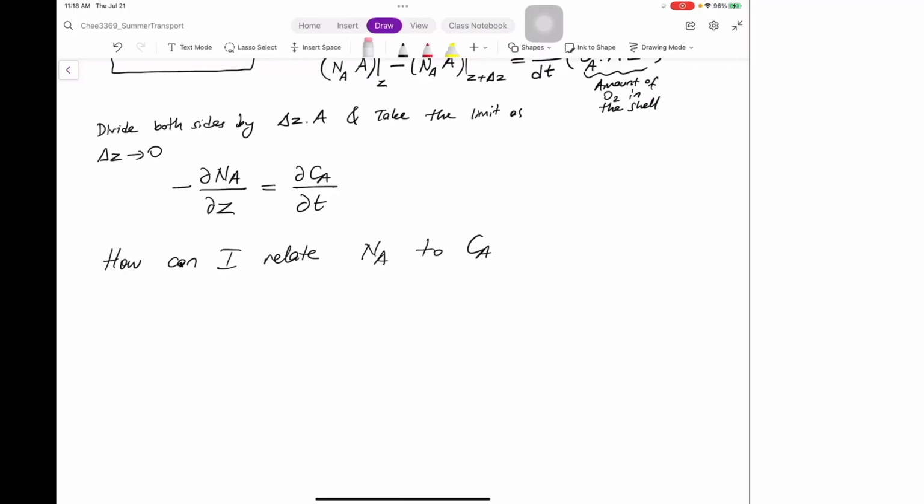Imagine we had an equation something like minus del Q over del Z is equal to rho Cp del T over del t. We were relating Q to the T by using Fourier's law. Now this time, we're not going to use Fourier's law. We're going to use Fick's law to relate the Na to Ca. Okay.